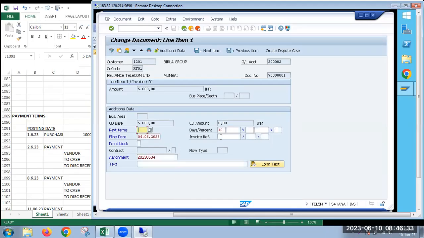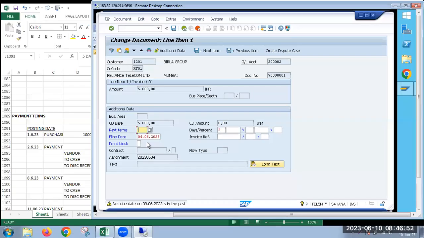Let's say we specify 5 days. Then will it be due or not due? Think about 5 days starting from the 4th. It will be overdue.